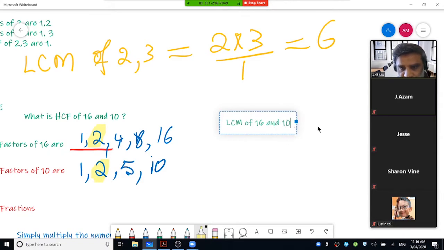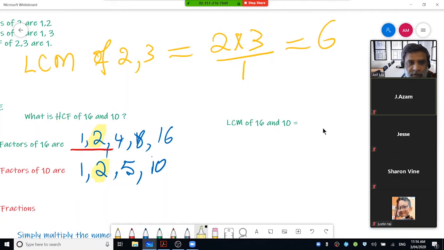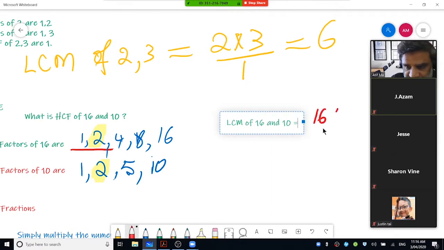The LCM of 16 and 10 would be equal to multiplying them both: 16 times 10 divided by the highest common factor.